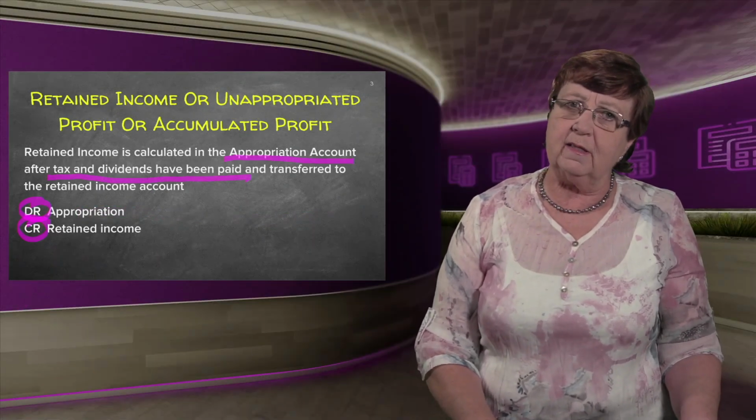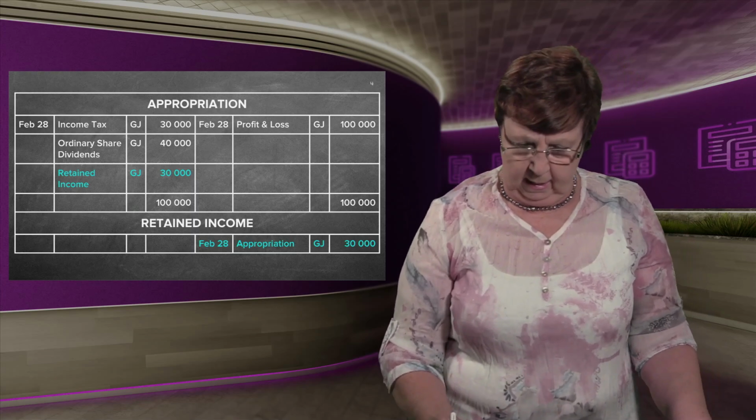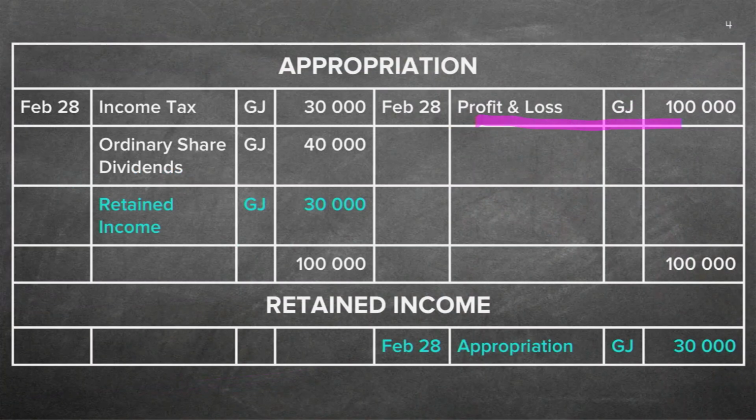So how does that look in the general ledger? You will see that here I have my net profit of 100,000 Rand. From my net profit, I'm going to pay income tax of 30,000. So 100 minus 30, I've now got 70,000 Rand left. Then I'm going to pay my ordinary share dividends to my shareholders, which is 40,000.